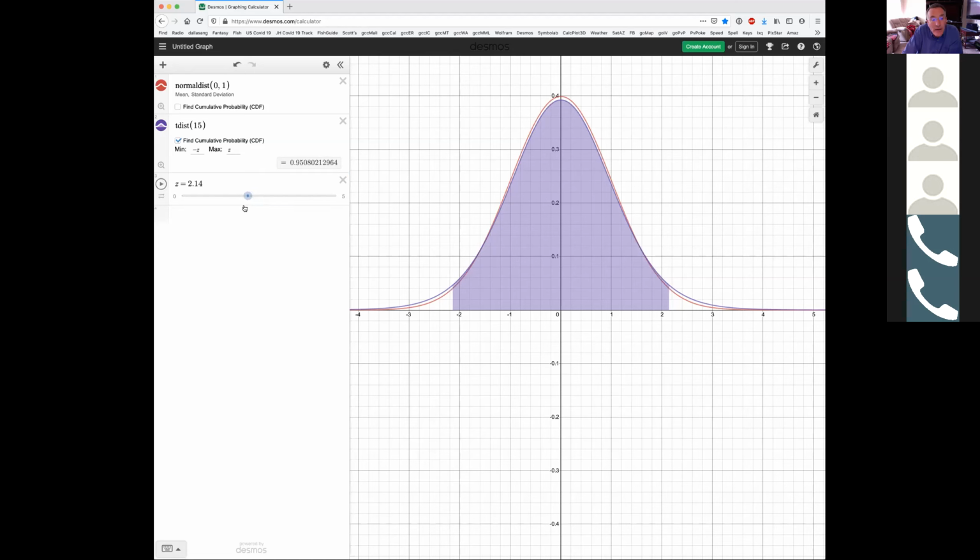So there's about 95%. Maybe I can go a little bit further over. There's 94.98, so that's pretty close to 95%. We would get a t of 2.13. In other words, 2.13 is going to cut off 95% of the area.